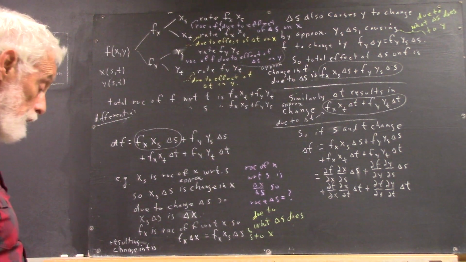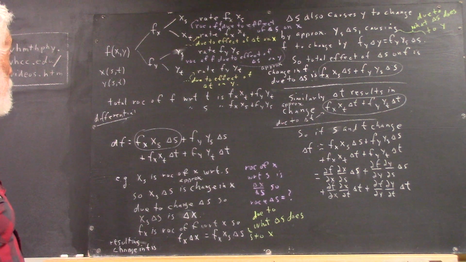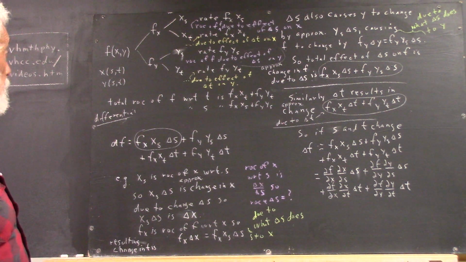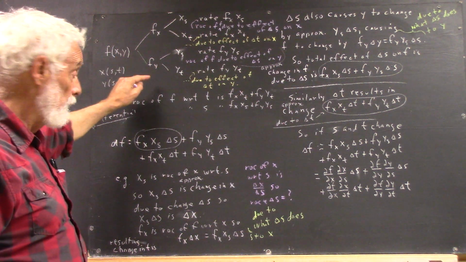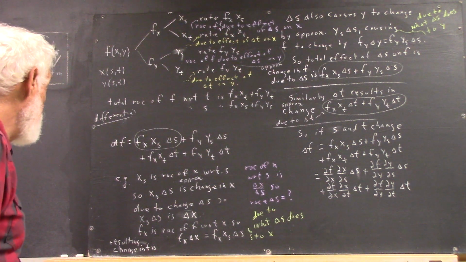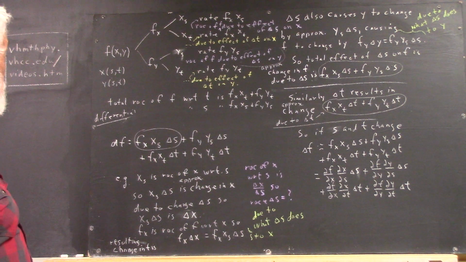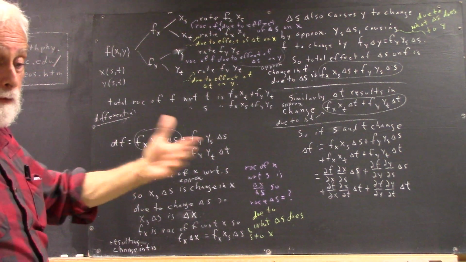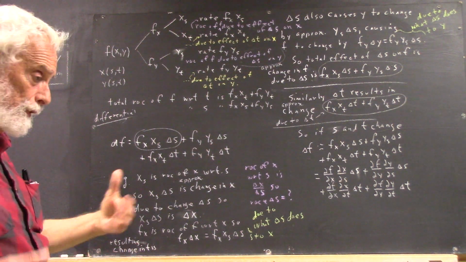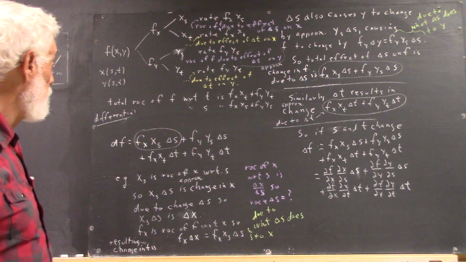It's a lot to sort out. It's not easy, but hopefully this will be helpful in understanding how these quantities go together to give you a partial derivative of f with respect to s or with respect to t or a differential.